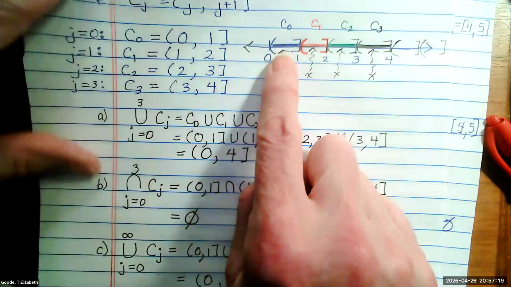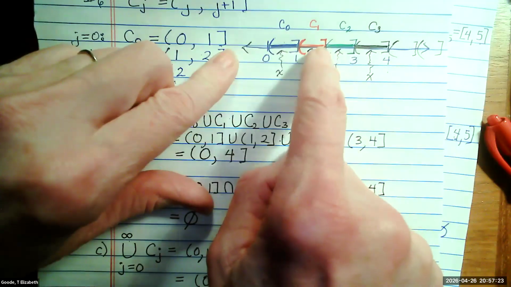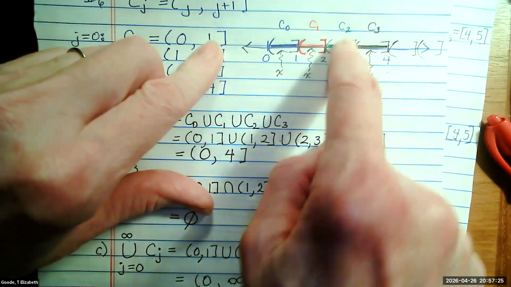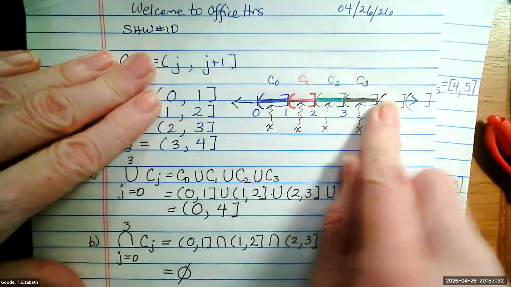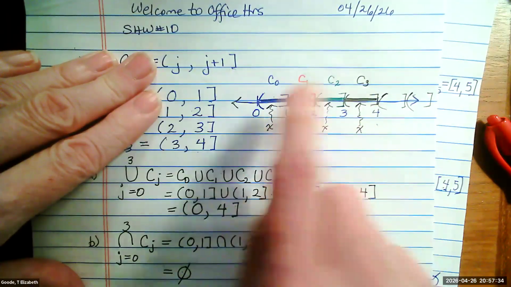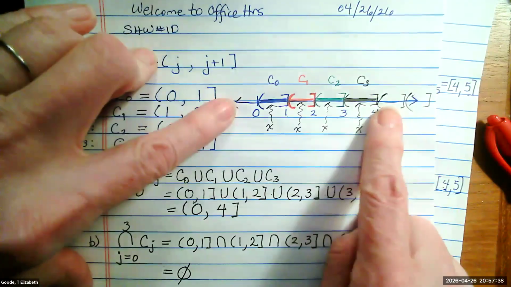But this worked out nicely to partition because there was no overlap, and we did get the integers in exactly one of each of these. Every real number was in there, including the integers, but no real number was in more than one of these between 0 and 4.